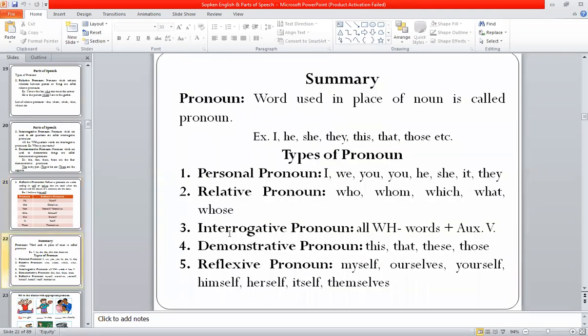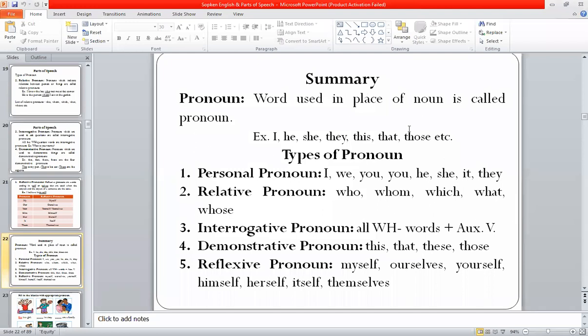So let's summarize once again this topic, that is pronoun. Okay, so pronouns are the words used in a place of noun, or instead of noun, or in the replacement of noun.